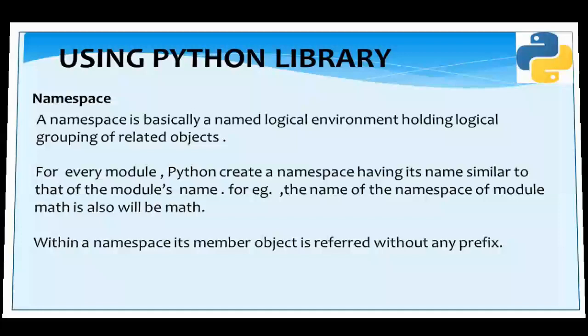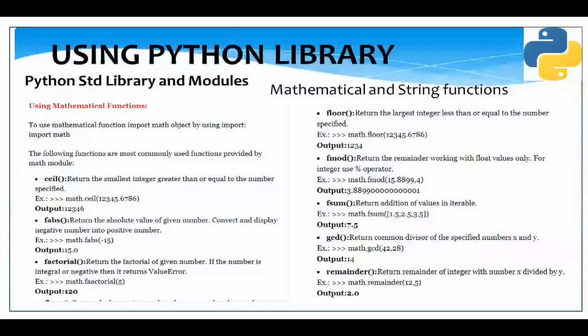With this, we come to an end on this topic. Now we are going to discuss some basic standard library modules. For example, we will discuss the mathematical and string functions. These functions we have already covered in class 11th. Without going into much detail, you have to look over these functions.